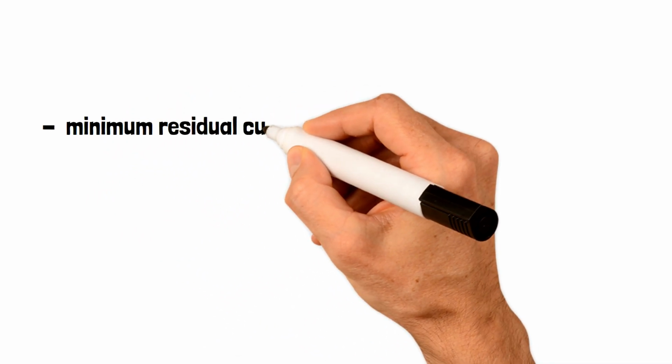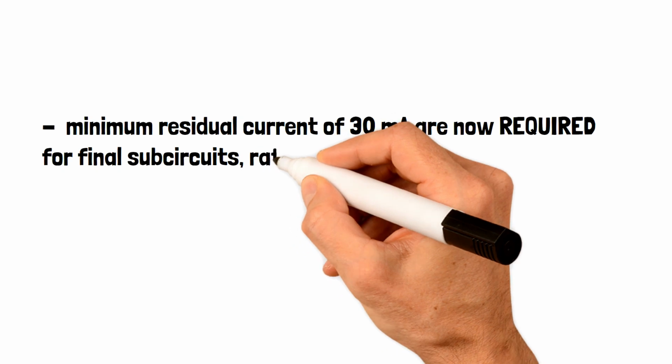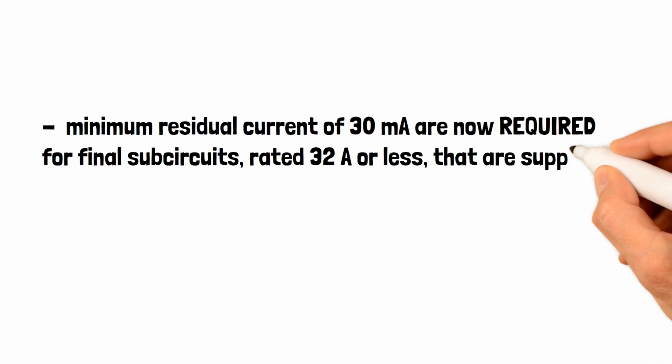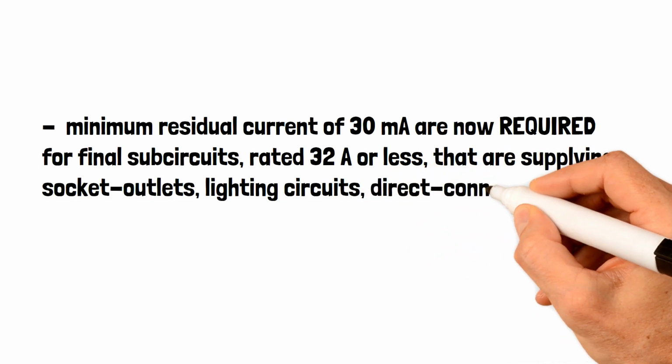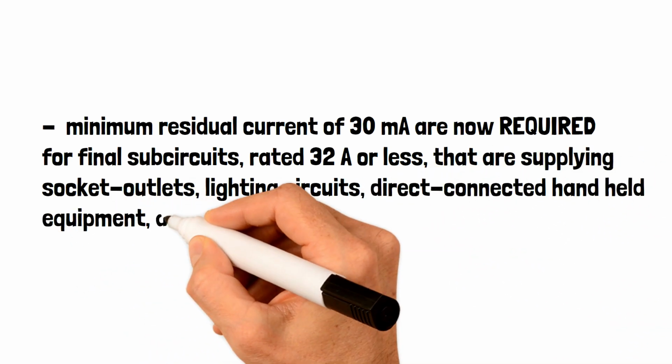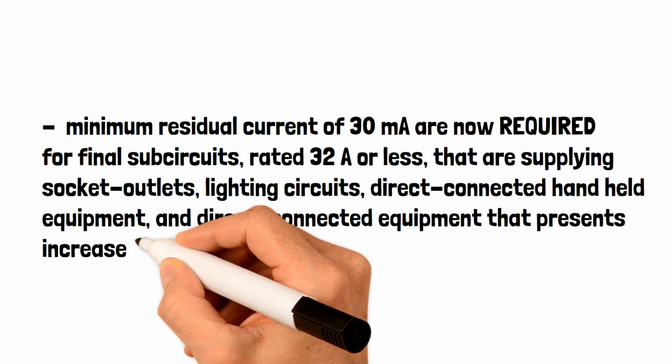RCDs with a maximum residual current of 30 milliamps are now required for final subcircuits rated 32 amps or less that are supplying socket outlets, lighting circuits, direct connected handheld equipment, and direct connected equipment that presents increased risk of electric shocks.